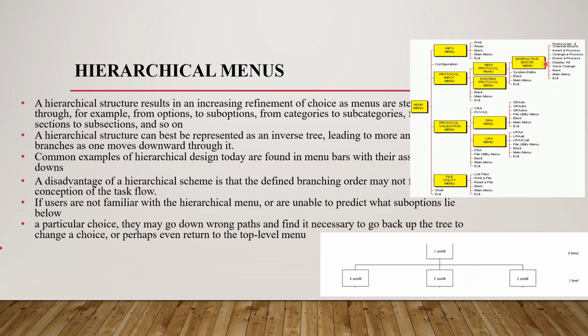If the choices are not properly aligned here, then there is a chance that we may go with a wrong path and end up with some wrong decisions if the menus are not properly arranged in a proper depth and breadth.